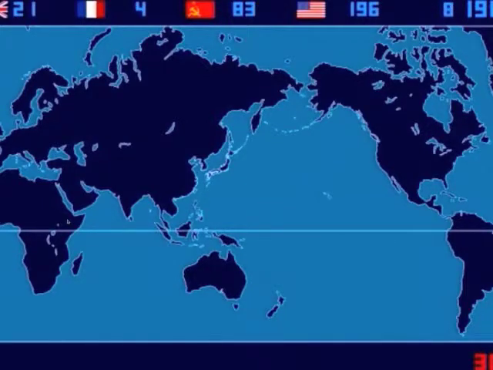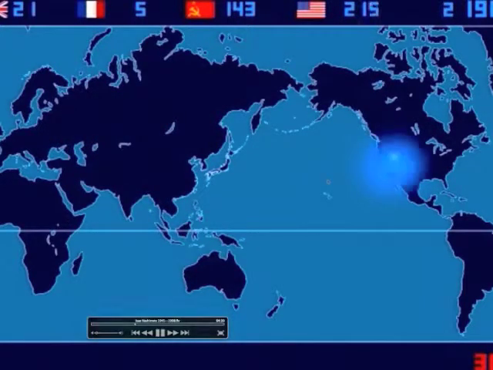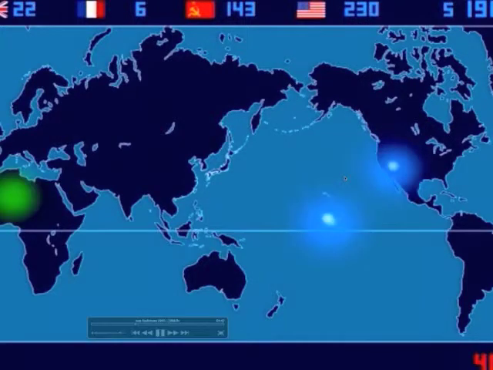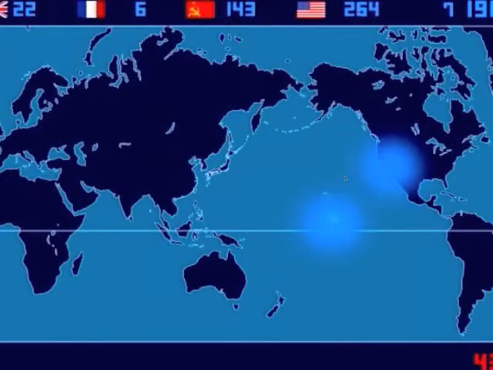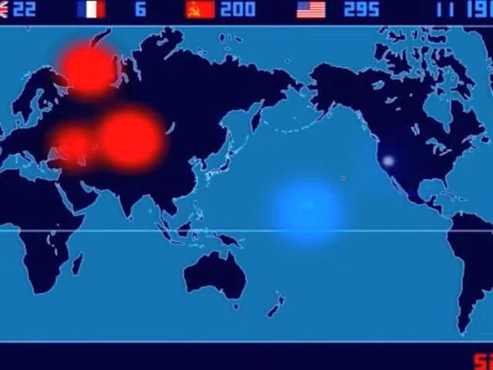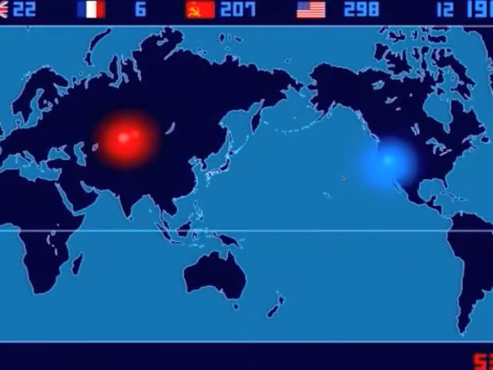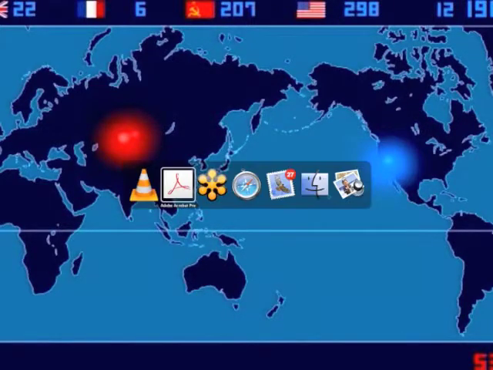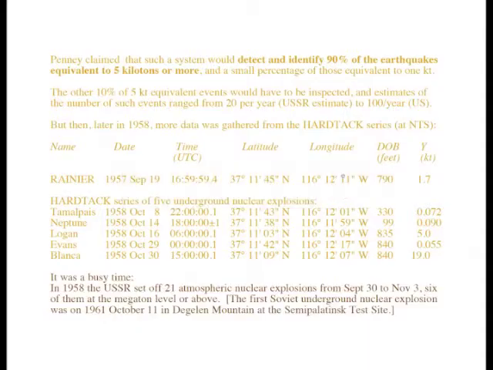In 1961, here they go, many of them, followed by a massive number of nuclear explosions in the atmosphere by the US. So this was the setting at the time of negotiations, these last 5 years from 1958 up until the end of 1962. So as I say at the bottom of the screen, it was a busy time.